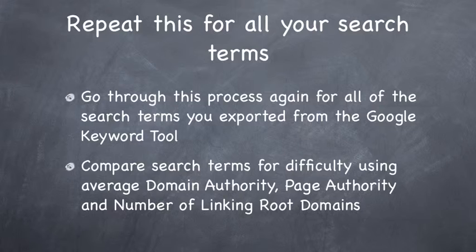And then when you've calculated the average domain authority, the average page authority, and the average number of linking root domains for each of your search terms, then you'll be able to compare them for difficulty. And obviously the higher these figures are, the more difficult they are.